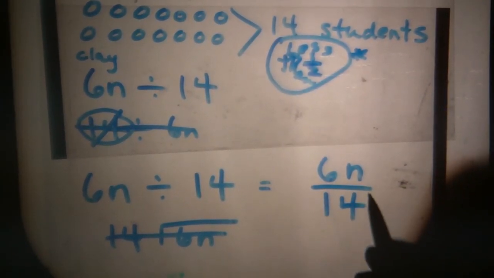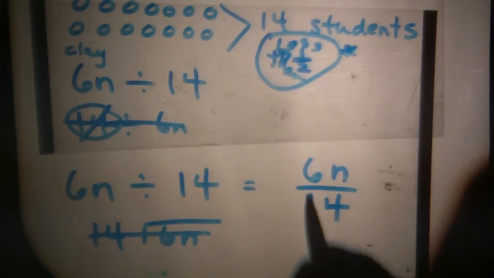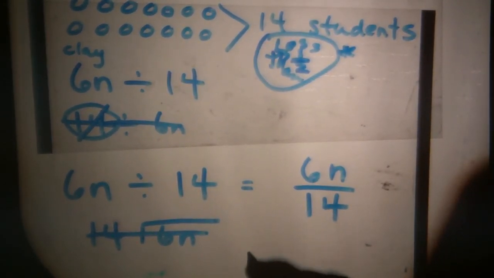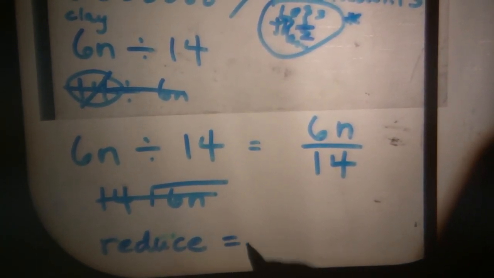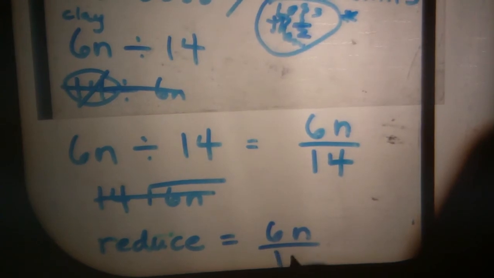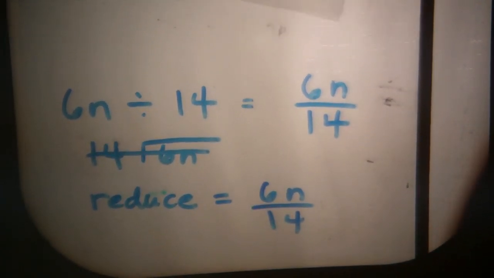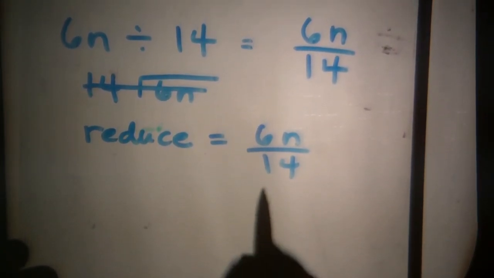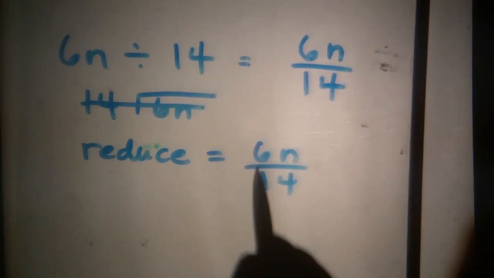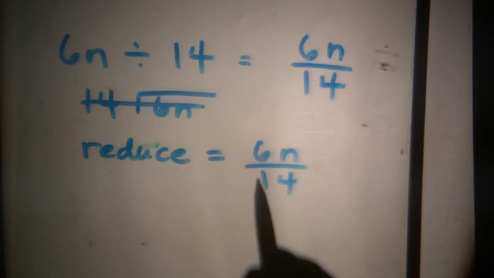Alright, at this point, all I have to think about now is reducing. Can I reduce this fraction? Reduce 6n over 14? What can I put into 6 and into 14 both evenly? Well, I know that they're both even numbers.